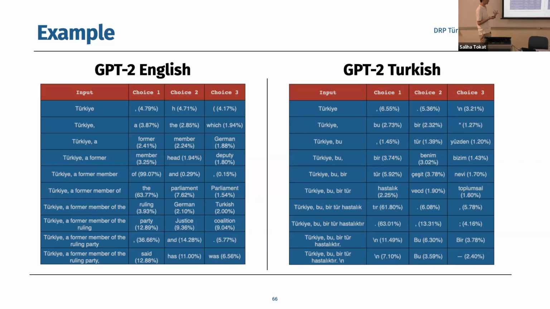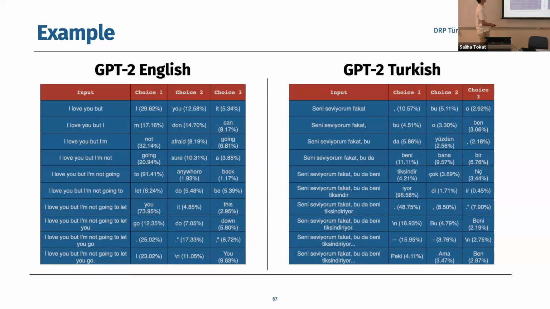But from here, we can see that these models are influenced by the data a lot, because from Wikipedia the GPT-2 English model can learn maybe some wrong information about Turkey, so the model generates that. In the right one, as I said, we fine-tuned on some stories, plays, novels. So it says Türkiye bu bir tür hastalıktır, something like that. We see that it tries to generate a story from the input word Turkey.